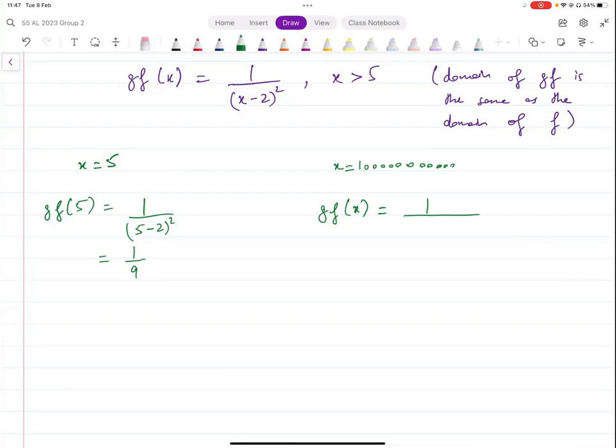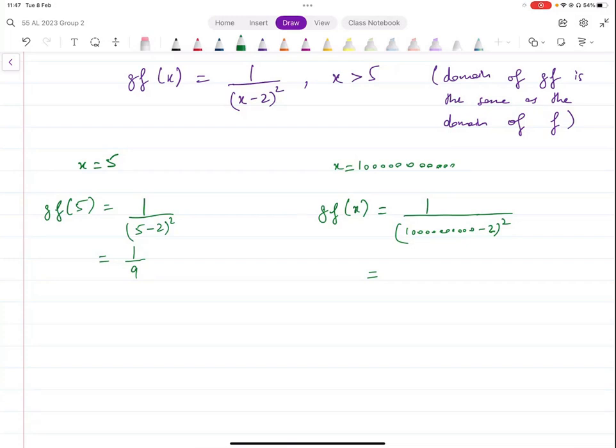1 over, put an extremely large value there, minus 2 whole square. Try putting this in your calculator and see what you get. What does your calculator give for this? You don't have to count the number of zeros I have on my screen.